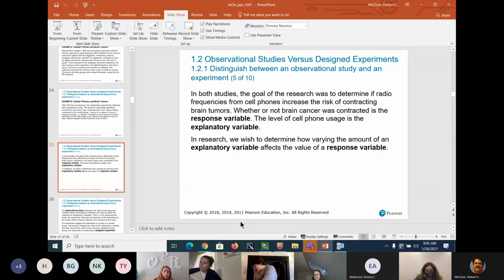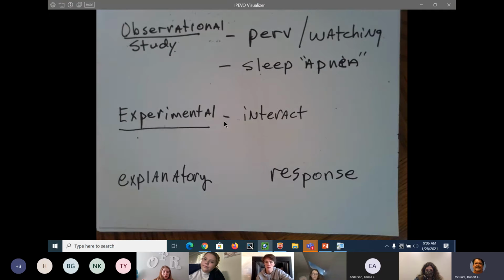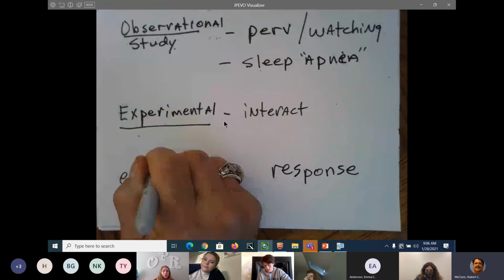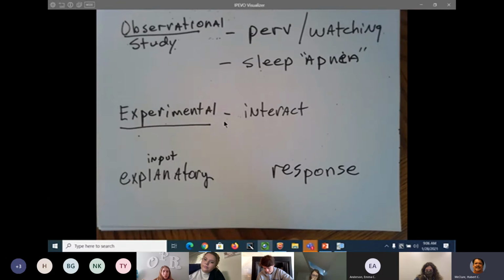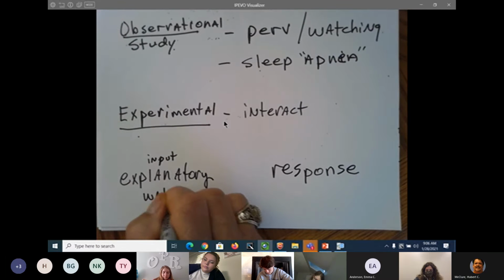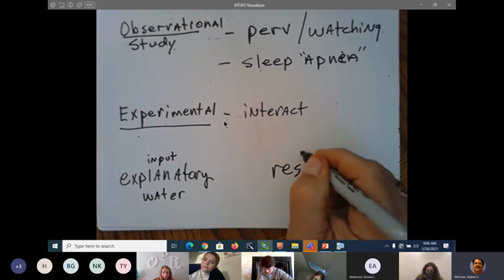Explanatory and response. Let me ask you a question. An ice machine. What goes into an ice machine or an ice maker? Water. So the input on an ice machine is water. What comes out of an ice machine?